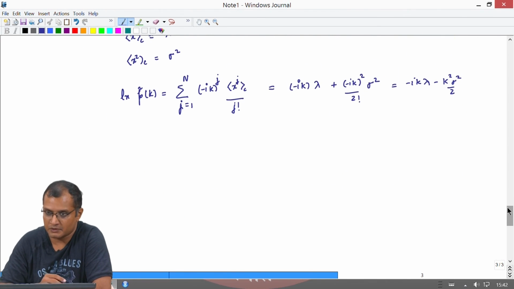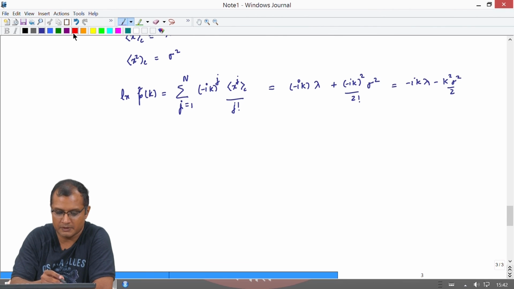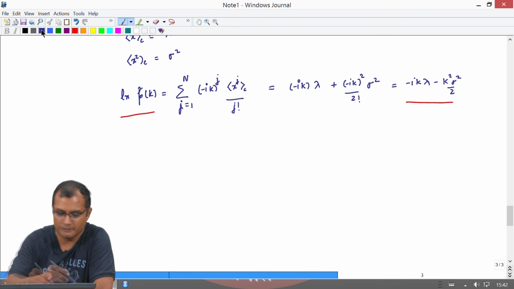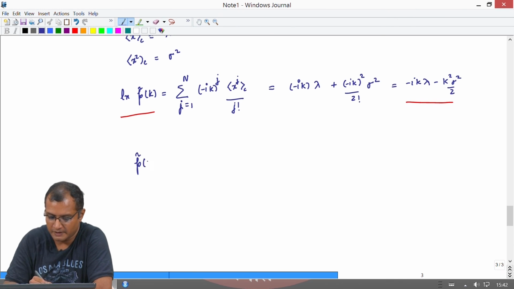Now, if you raise both sides to the exponential, you get p of k as e raised to minus i k lambda minus k square sigma square by 2.